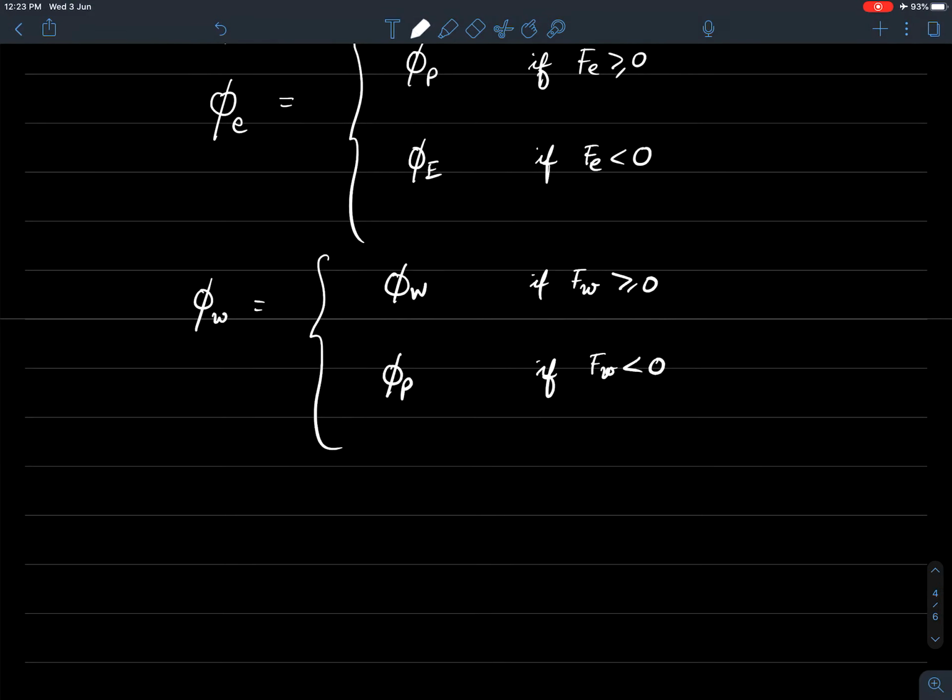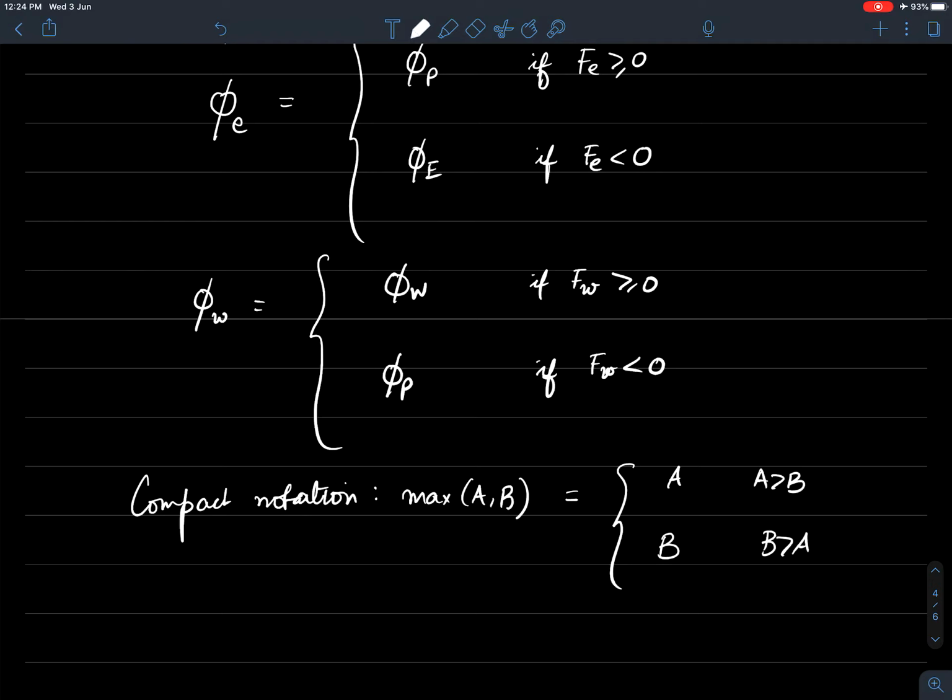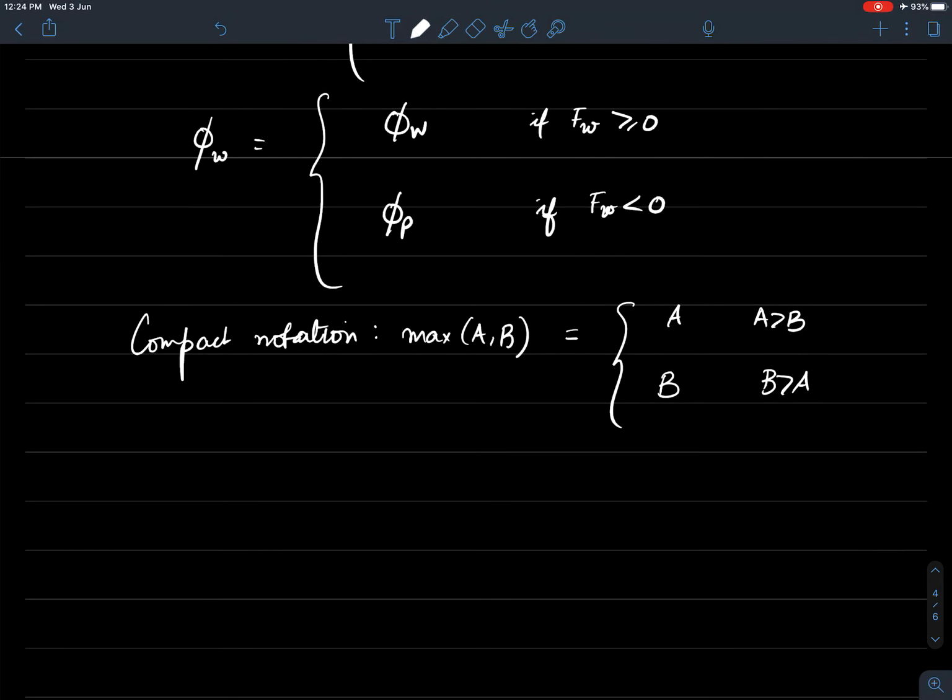Now, to explain why this scheme works and how, let me also define one compact notation that will help simplify the mathematics. The compact notation is max of a comma b, and this will be equal to a if a is greater than b, and b if b is greater than a. Now I can write rho u at the east face into phi e.